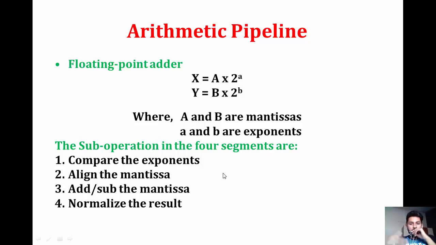First, we need to compare the exponents. Why? Because if you want to perform addition or subtraction on floating point numbers and the exponents differ, we need to align the mantissa to adjust the exponent, then perform the addition, and then normalize the result. So there are 4 basic sub operations in a floating point adder.